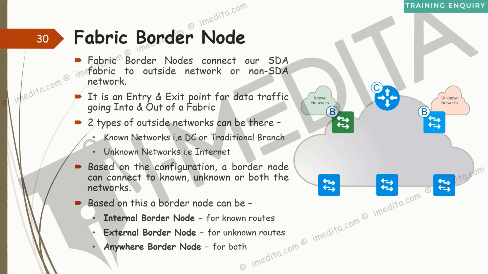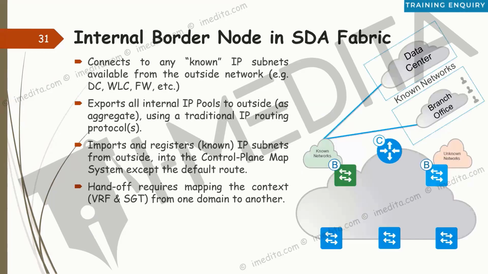Internal border node, first of all. The internal border node connects our SDA network to an outside network that is known to us, like a data center or branch office.